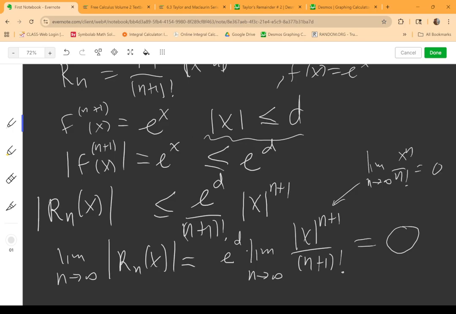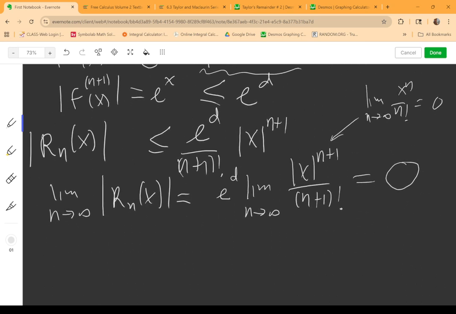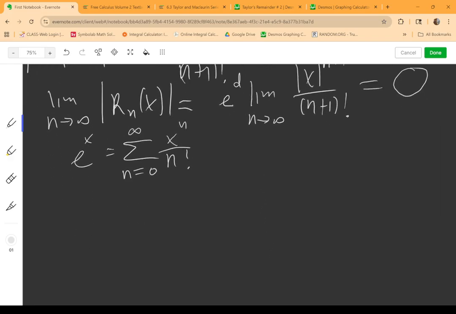So that goes to 0, times e to the d, which just goes to 0. That proves that the exponential, across the whole interval of convergence from negative infinity to infinity, is equal to this function. These are one and the same thing; they represent the exact same thing.